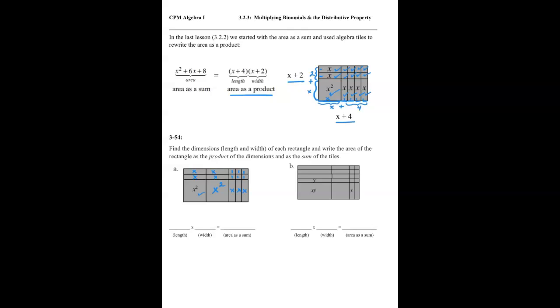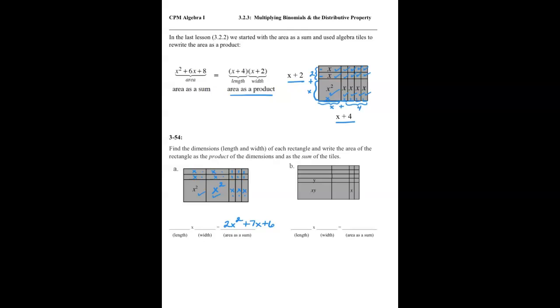I have 2x squared tiles. I've got 1, 2, 3, 4, 5, 6, 7 x tiles, so plus 7x, and 6 of those unit tiles, so plus 6.